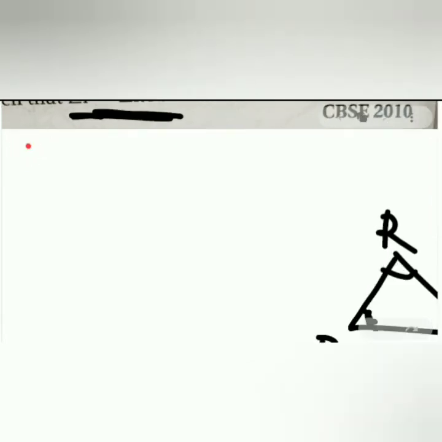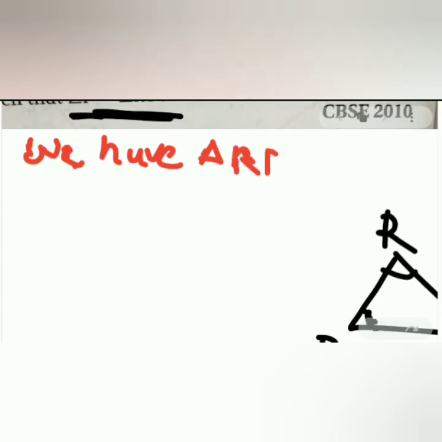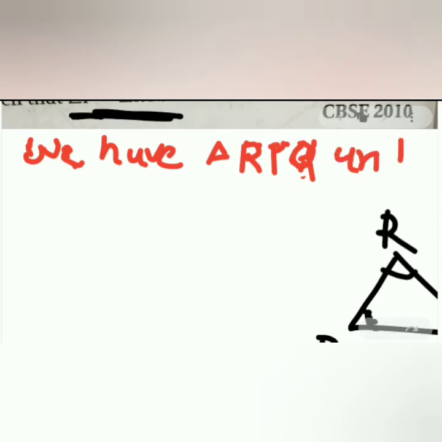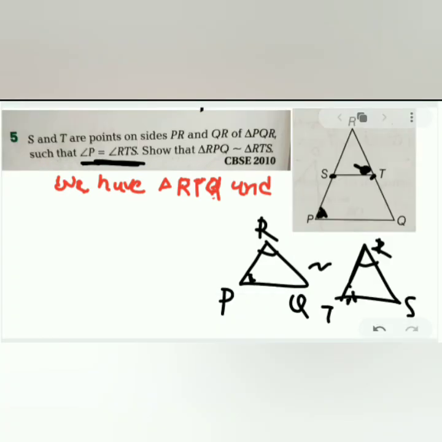So here we will write: we have triangle RPQ and triangle RTS.